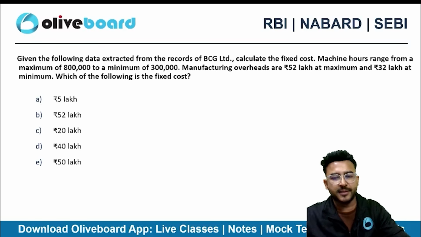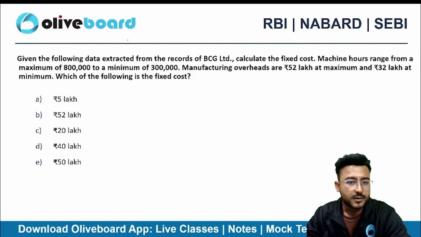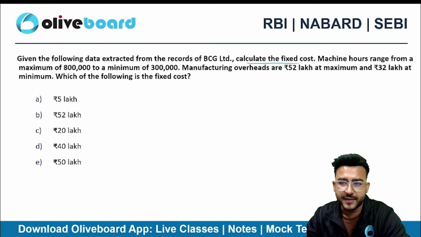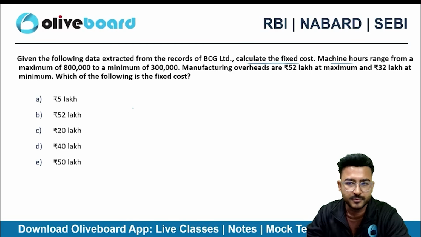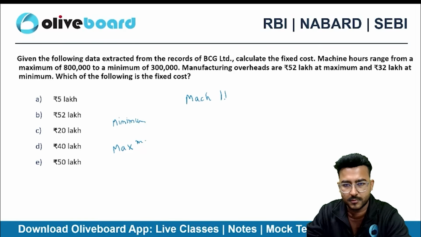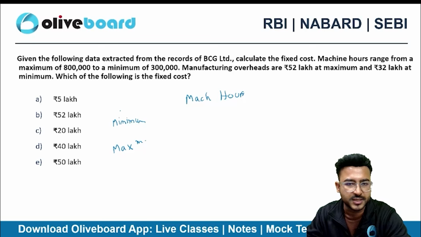Let me just draw a table for you. The following data has been extracted. You need to calculate the fixed cost. The machine hours are given, right? How many machine hours are given?